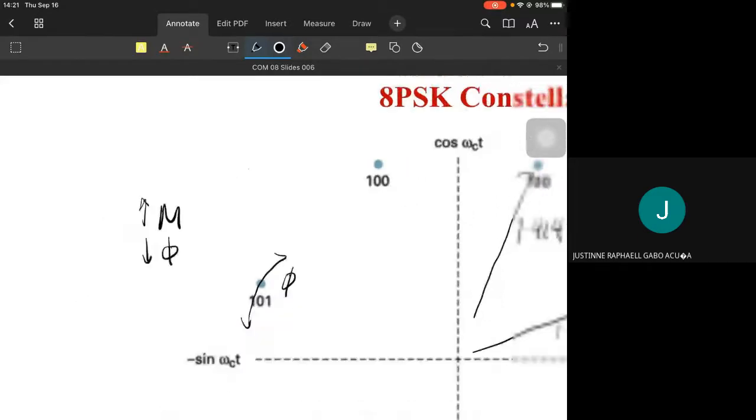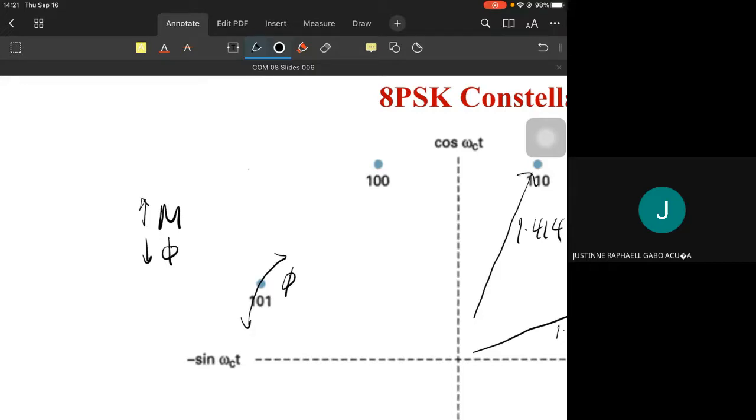Now, the advantages of 8 PSK compared to ASK and FSK, no doubt about it. In fact, PSK schemes and QAM are the most commonly used digital modulation schemes even nowadays.